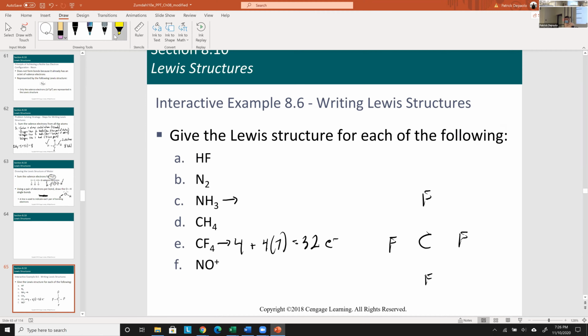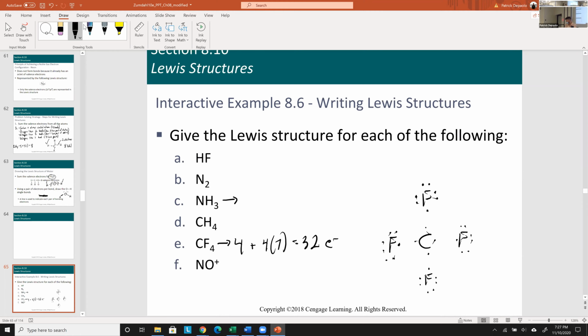Another way to think about it is just draw the elements on the paper and then fill in the dots for how many electrons they have. So it would be 7 dots on each fluorine, and then carbon is 1, 2, 3, 4. I'll give you all a second to do that.